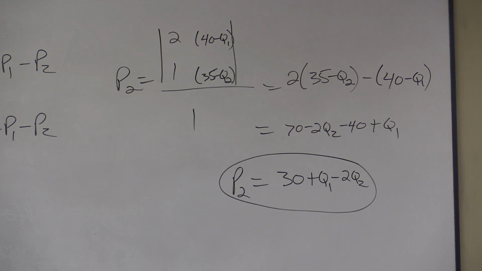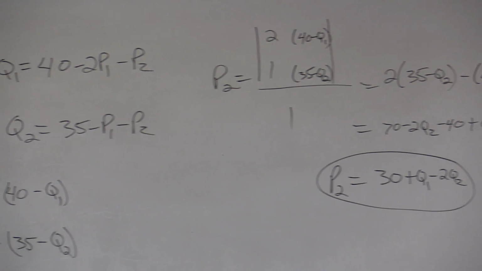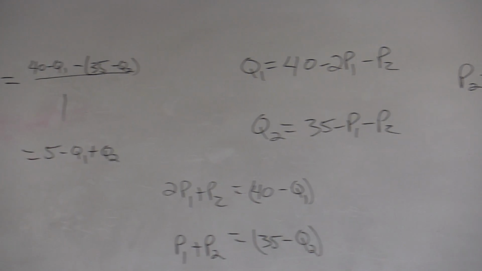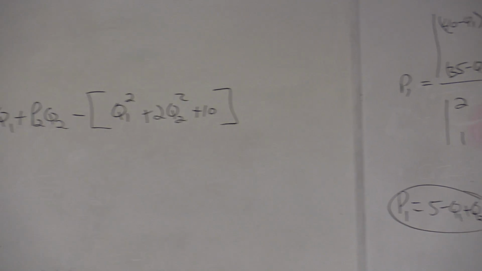Now you've gotten rid of P1 and P2, so you can go back to this and substitute in and get your profit function. So it's this. Let's substitute in for P1.